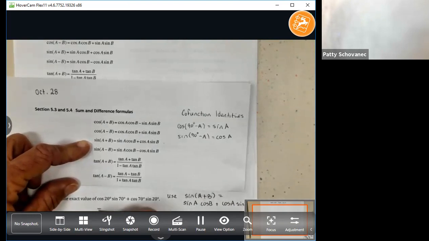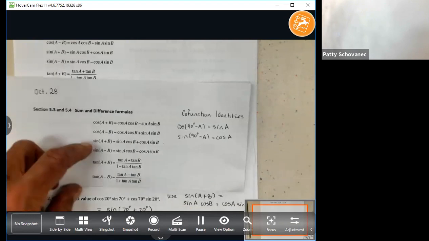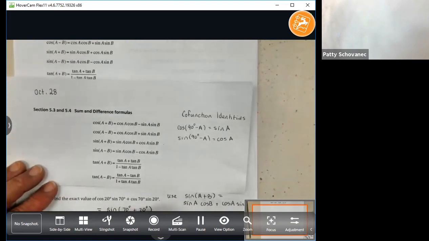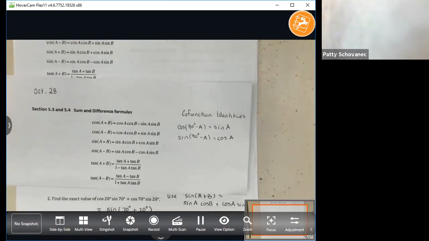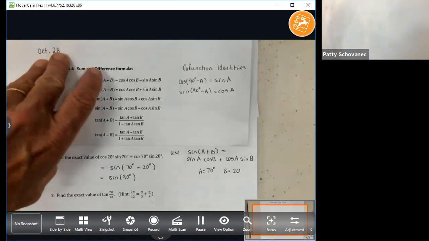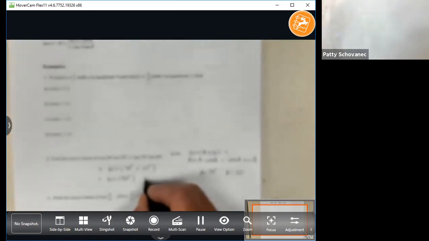So this should be able to be written as the sine of 70 degrees plus 20 degrees. And when you add those, you do get a known angle. You get the sine of 90 degrees. Does anybody know the sine of 90 degrees? It is 1. So that expression is 1.